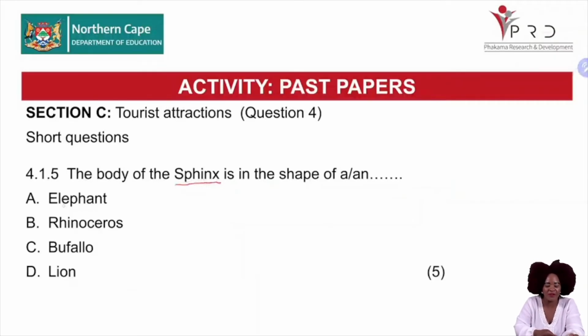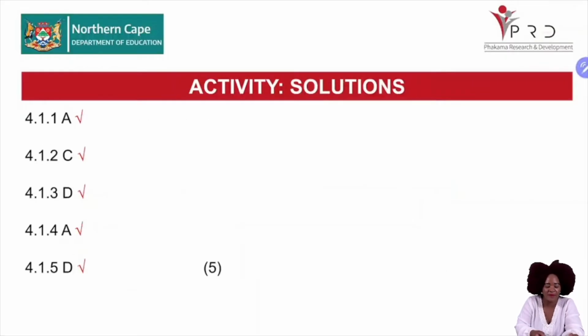I want to believe that you were able to get your correct answers out of 5 marks. Now, let us move to the solutions. The answer for number 4.1.1 is A. You are marking yourself now, grade 12.